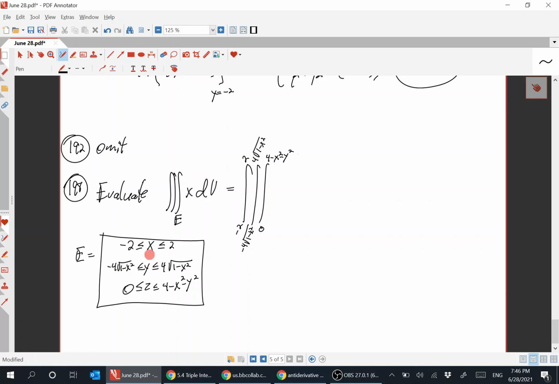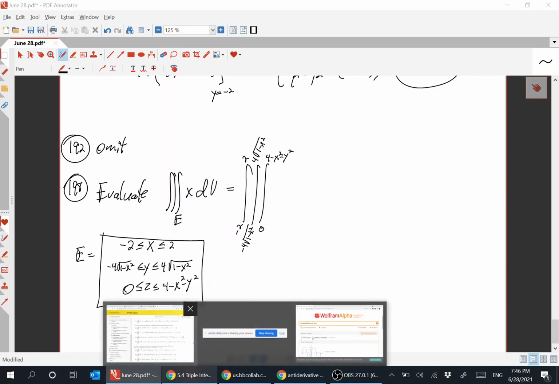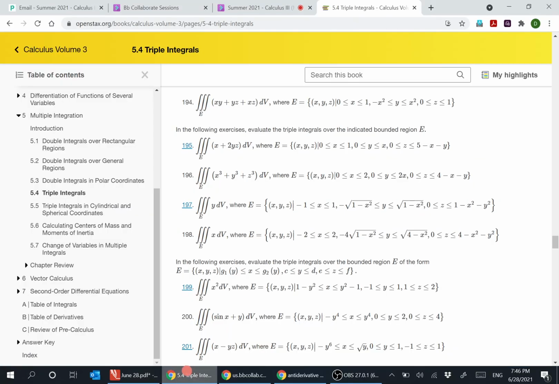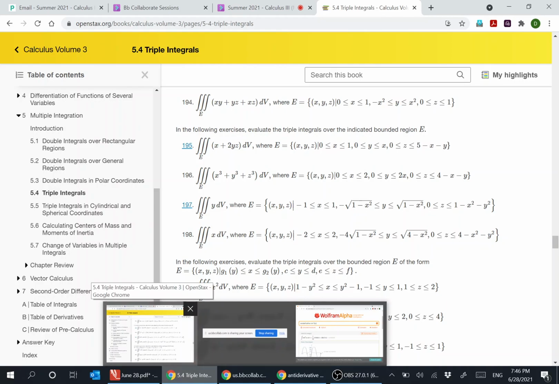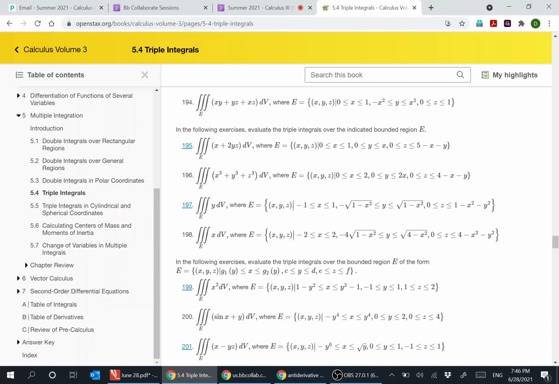Oh, right, that's the circles of radius. Something's not right here. X goes from minus 2 to 2.